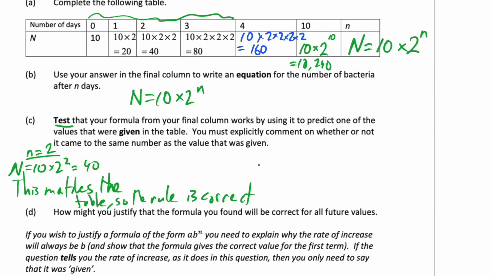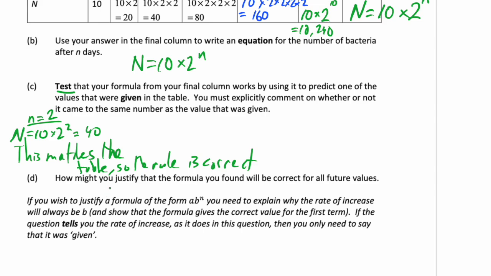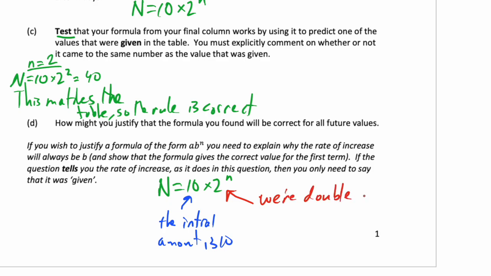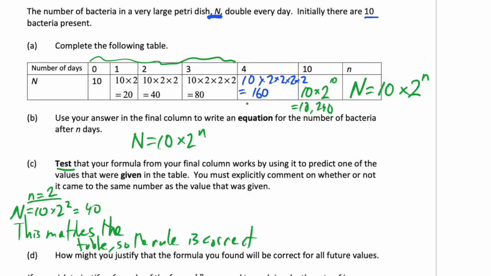Okay, and next, how might you justify the formula? You can justify it by pointing out aspects of the formula, like the initial amount is 10. And it's 2 because we're doubling each time. What is the context here?